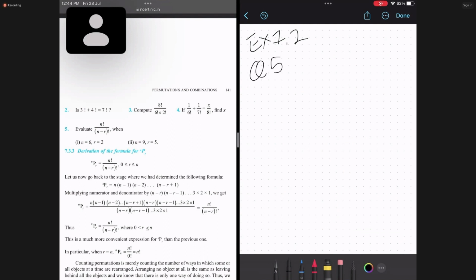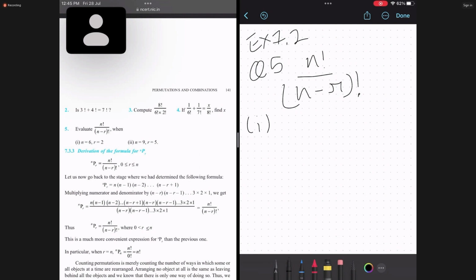We have question number 5. Question number 5 says that we need to evaluate n factorial upon n minus r factorial when, so let me just write these things. Correct.